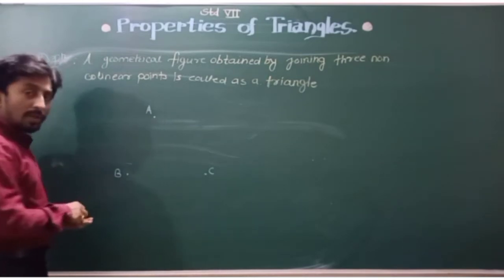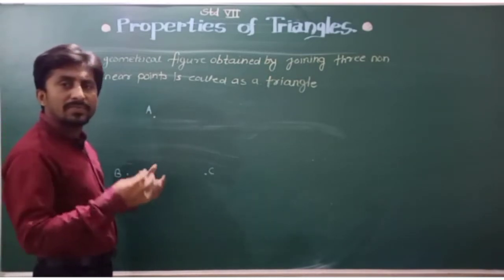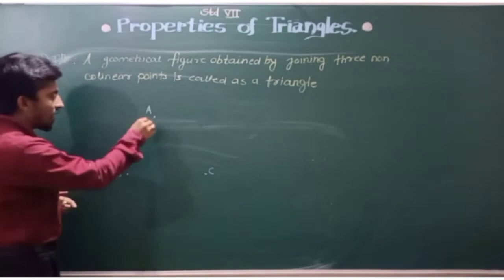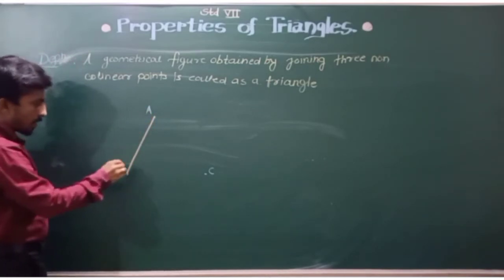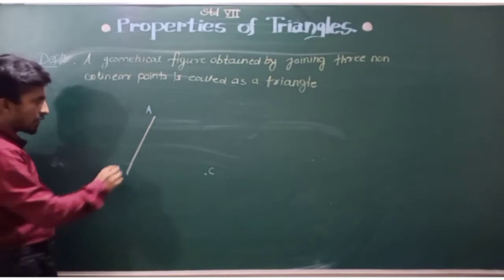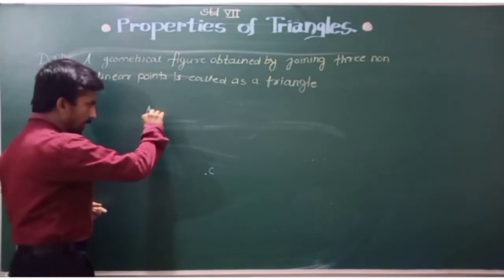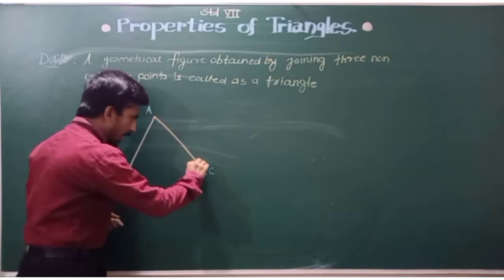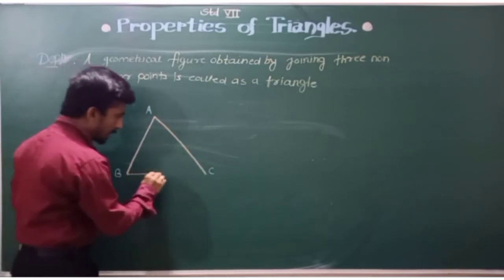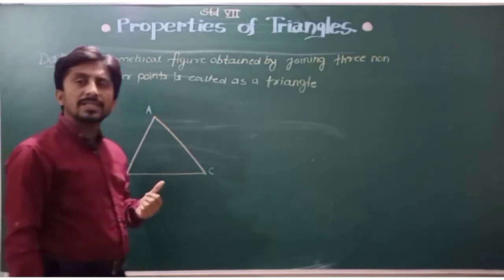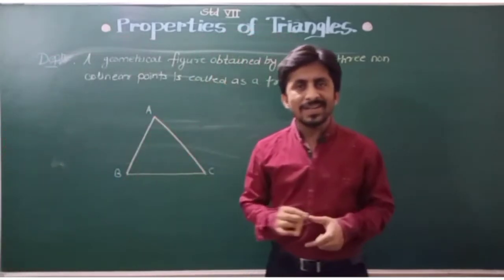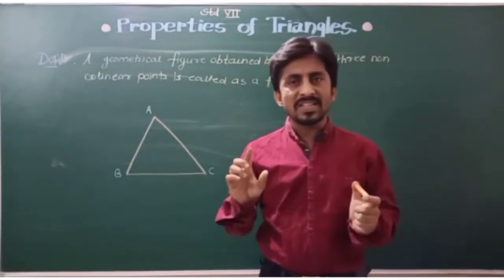So let me join all these points and see whether I am getting the figure called a triangle. So see. Okay, so I have joined these 2 points, A and B, again A and C, these 2 points, and again B, C. So see, after joining all these 3 points, I get a figure, triangle.